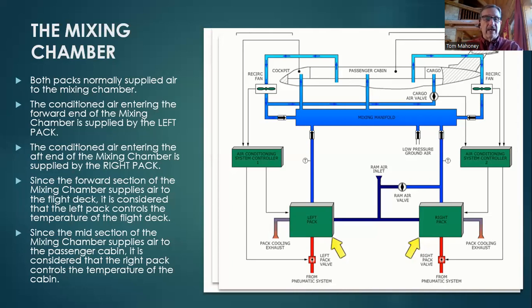Since the forward section of the mixing chamber supplies air to the flight deck, it is considered that the left pack controls the temperature of the flight deck. Since the midsection of the mixing chamber supplies air to the passenger cabin, it is considered that the right pack controls the temperature of the cabin.